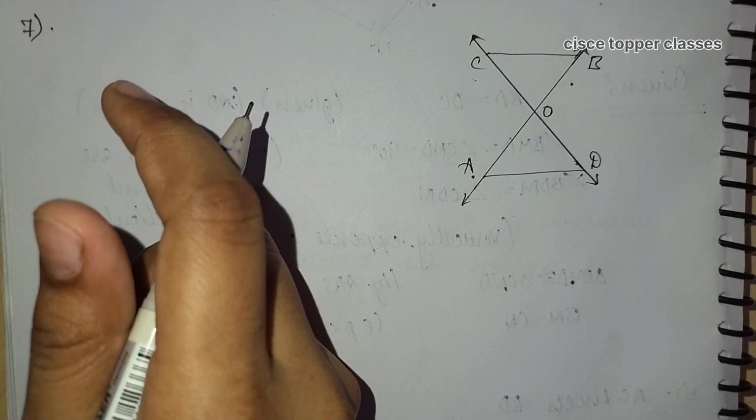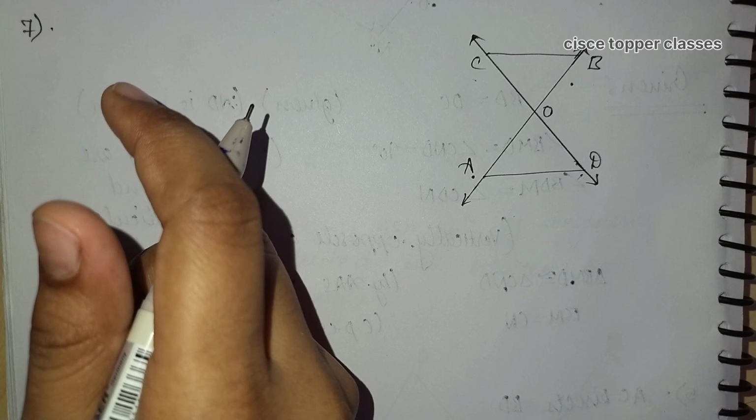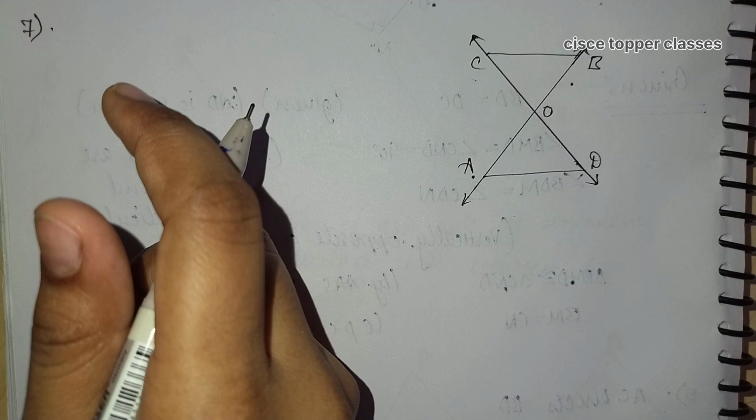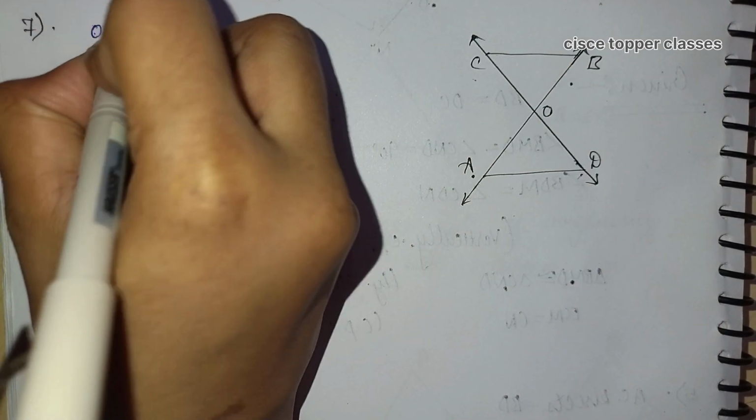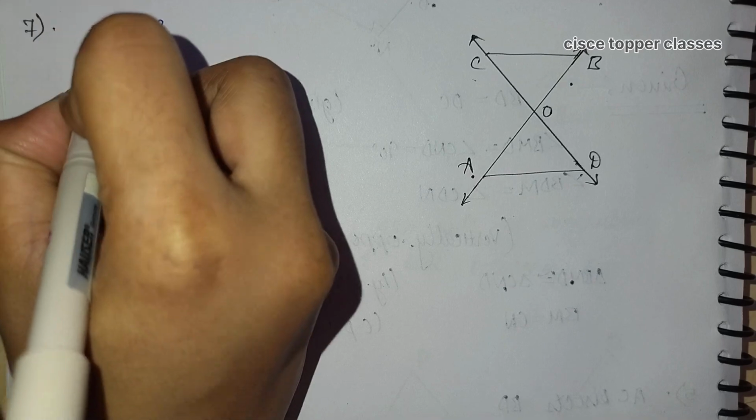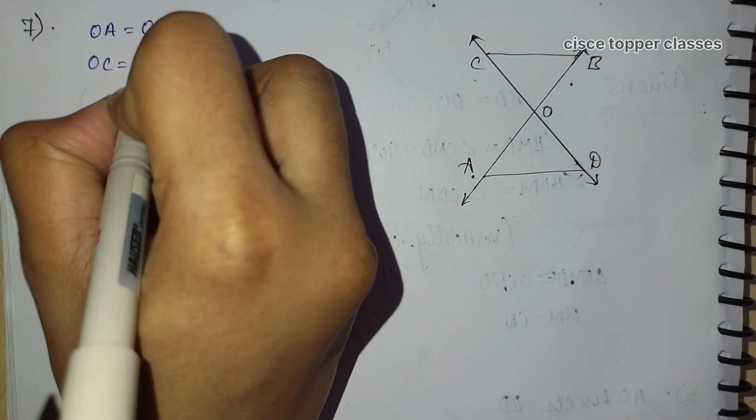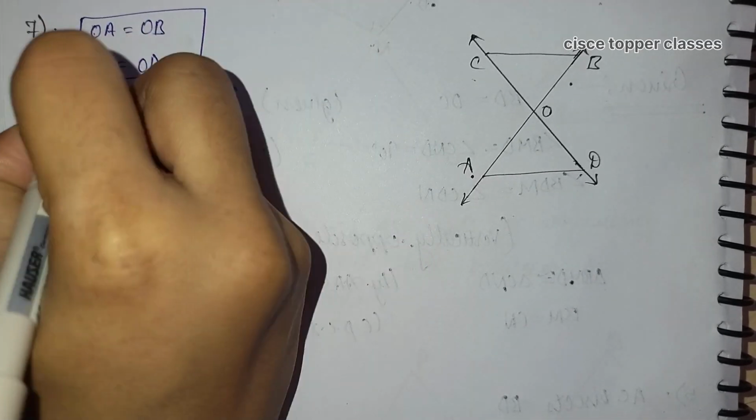So we have to prove that OA is equal to OB and OC is equal to OD. So this we have to prove.